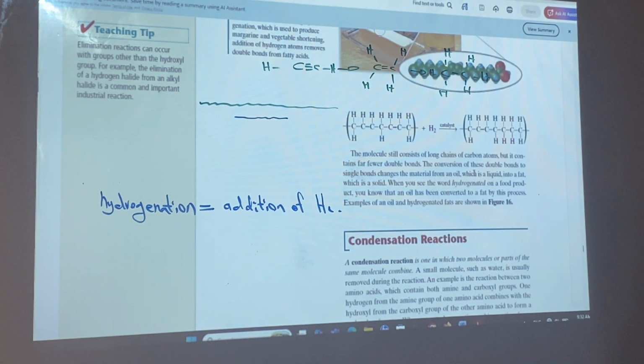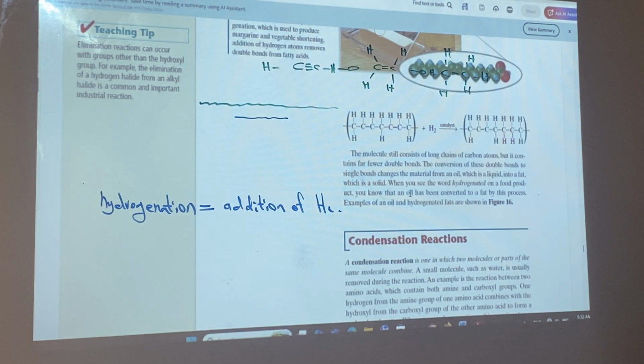The conversion of these double bonds to single bonds changes the vegetable material from an oil, which is liquid, into a fat, which is a solid.